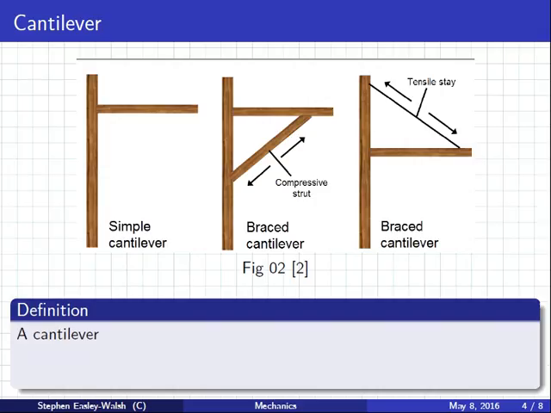We have a simple cantilever, a braced cantilever with a compressive strut, and a braced cantilever with a tensile stay. It's a simple thing, but difficult names. The next time you are at Sylvia's office, there is a cantilever somewhere near her office. I invite you to find it.